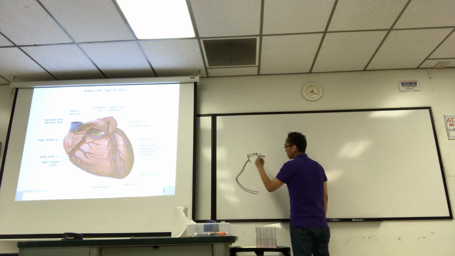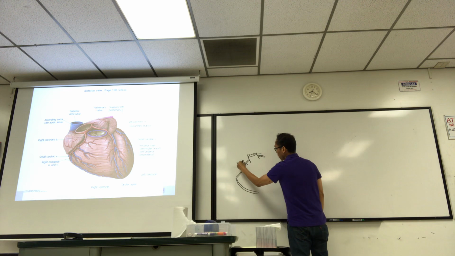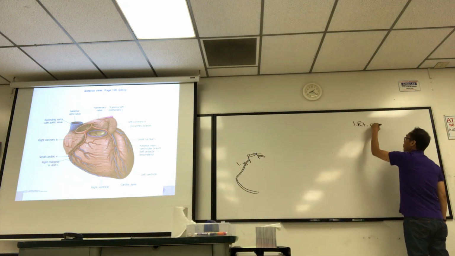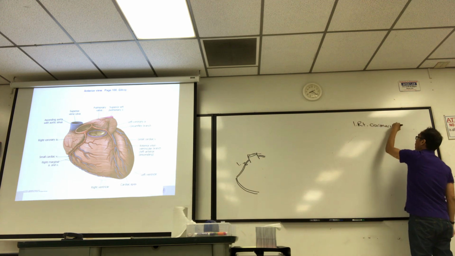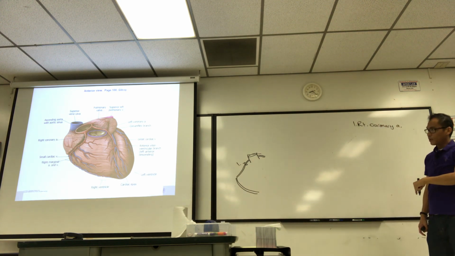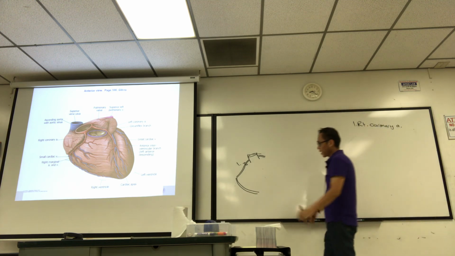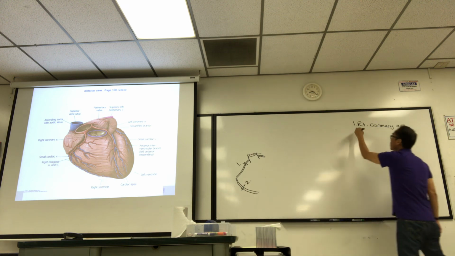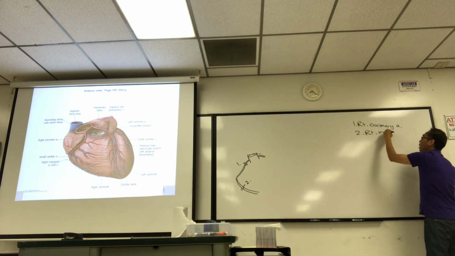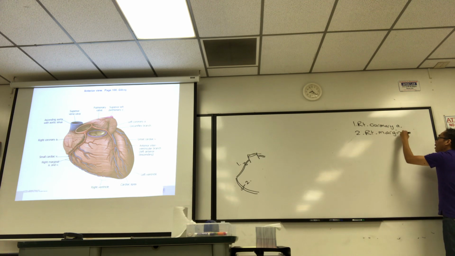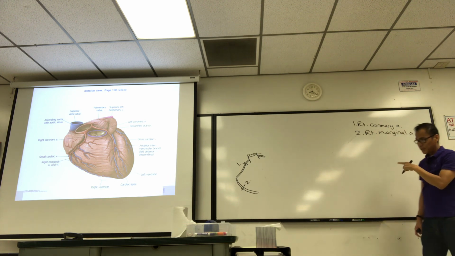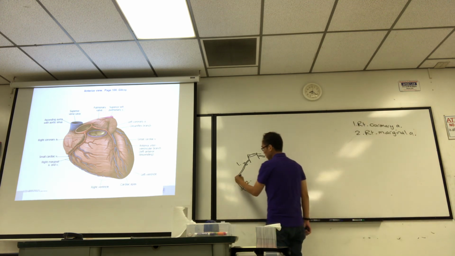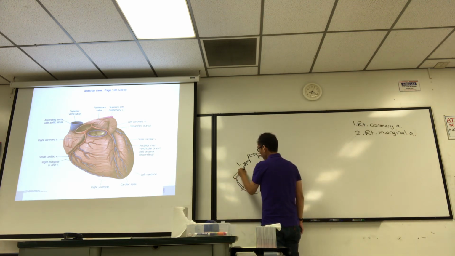So let's start to number these. Let's go number 1, right coronary artery, coming right off the ascending aorta. But as it runs, it gives off this first branch, the right marginal artery. So it's going to continue along the back of the heart, the coronary sulcus. So I'm going to go dotted line.